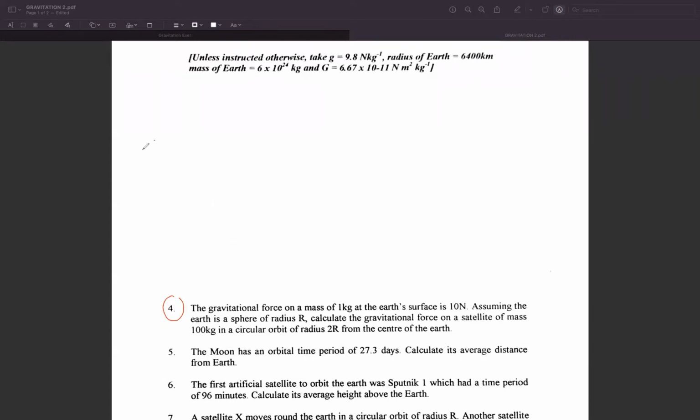Okay, that means at the Earth's surface, if you have a mass of 1 kg, the force is 10 Newton, right? And then it says, calculate the gravitational force on a satellite of mass 100 kg. So satellite is up here. If this is 100 kg, and what is altitude?